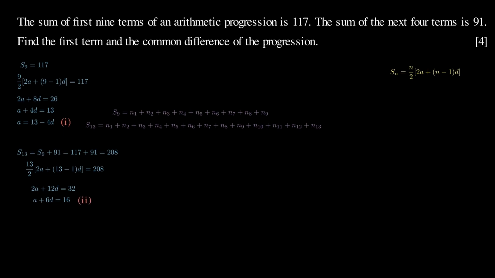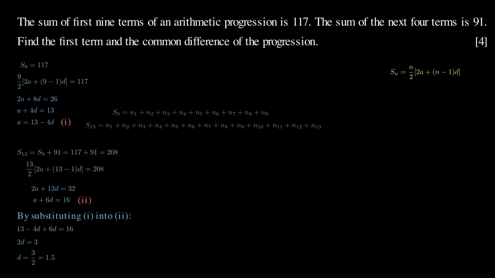Now that we have 2 different equations, we can solve them simultaneously by substituting the first one into the second one and working it out in order to find d. If we do so, we get 13 minus 4d plus 6d equal to 16. And that gives us 2d equaling 3. By dividing both sides by 2, d would equal 3 over 2, which is equal to 1.5.